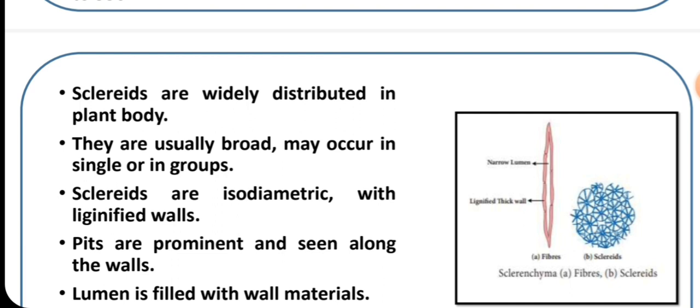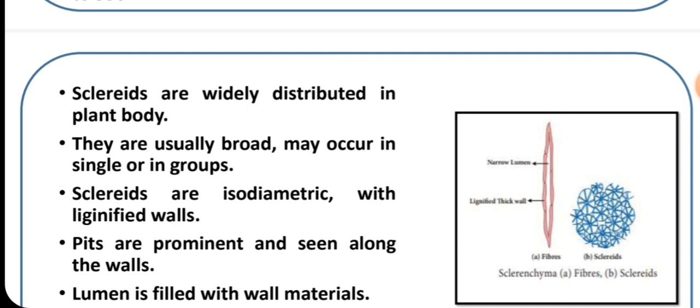Pits are prominent and are seen along the thin walls. The lumen is filled with wall materials like lignin, cellulose, hemicellulose, and suberin.